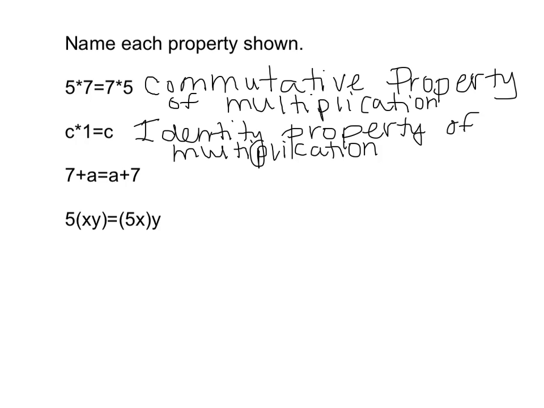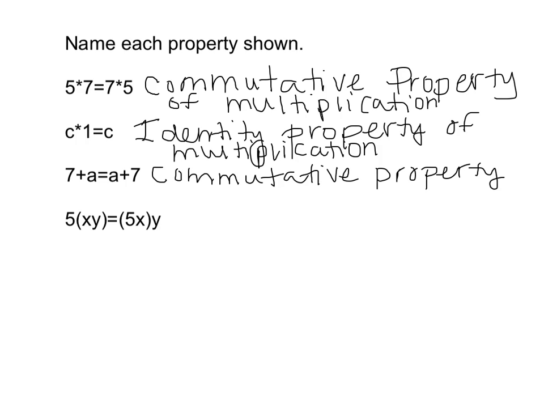Boom, we're done. The next one says 7 plus A equals A plus 7. If I look back, that looks a lot like the first one I did, except I'm not multiplying, I am adding. So it is going to be the commutative property of addition, because this time we are adding.